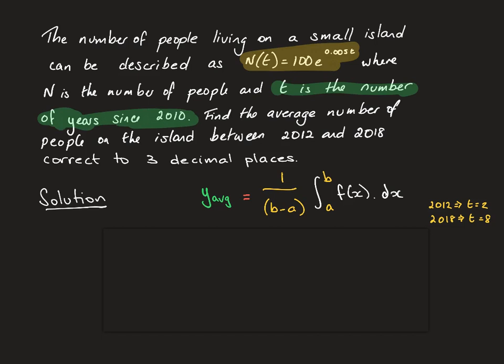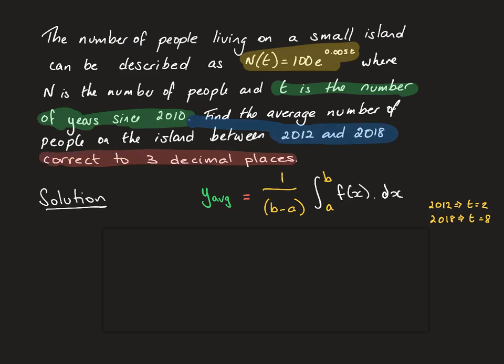So we need to find the average number of people on the island between 2012 and 2018, remembering that it's since 2010. And then finally, we need to give our answer correct to 3 decimal places.